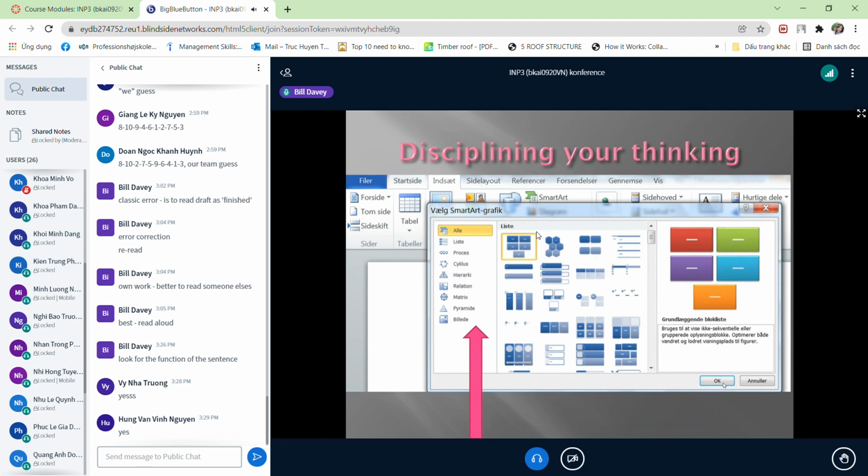Is it a pyramid relationship where you have a hierarchy, where you have something at the bottom, then you move to another stage, and then finally you move up to the top stage? So the thing is, when you start to think about things as a brainstorm, for example, smart art is useful, but it's also useful in your writing.